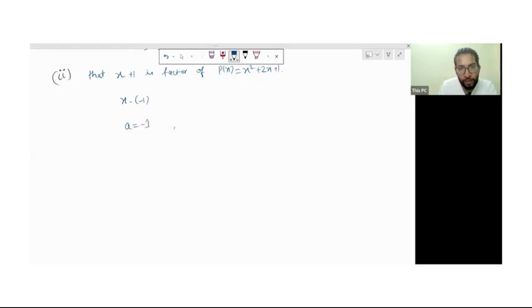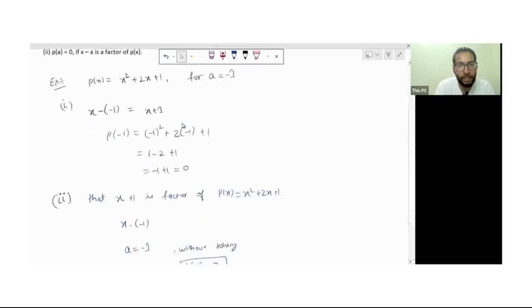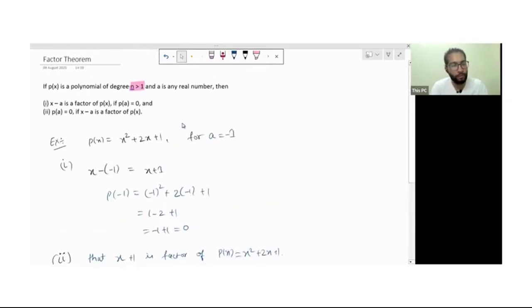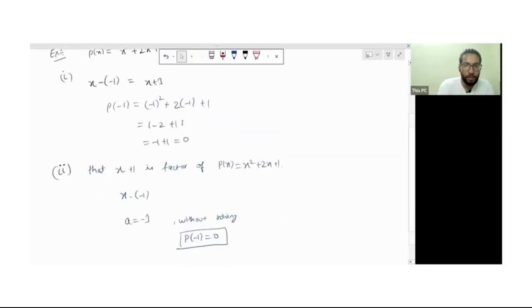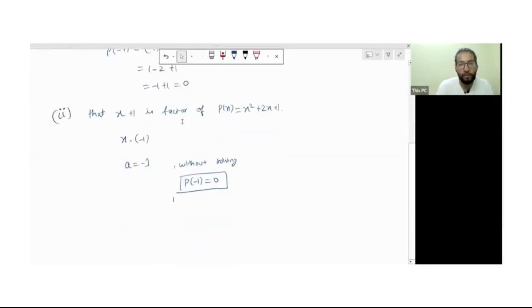Then without solving, we can simply say p(minus 1) is equal to 0. When it is given that this is the factor, then we can directly say p(minus 1) is equal to 0. There is no need to solve these things. It is obvious, and we can say it from the factor theorem. So whenever we have to check a factor, we will use the factor theorem.